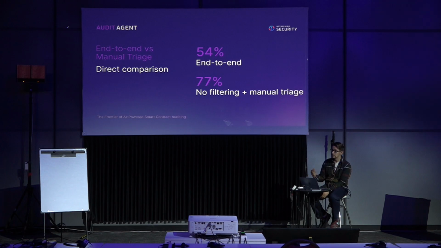This means that if you are a developer working on a pet project and you cannot afford a full-scale audit because it's too expensive, you can use these tools, and if you are experienced enough with them, you can get pretty high quality of issues and pretty high coverage.